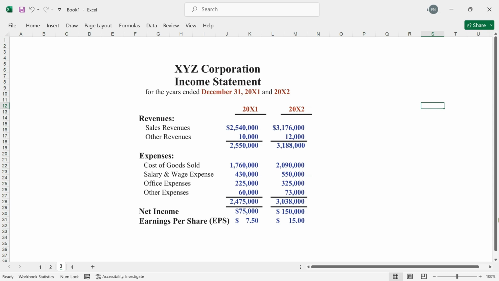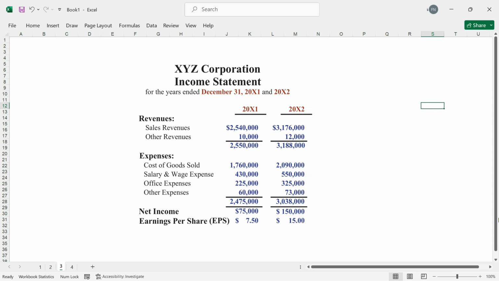And again, this is important, more detailed information to us. In this particular case, we can see that the company's sales revenues actually increased by over 20%, by increasing from $2,540,000 in the year ended 20X1 to over $3,175,000 here in 20X2.